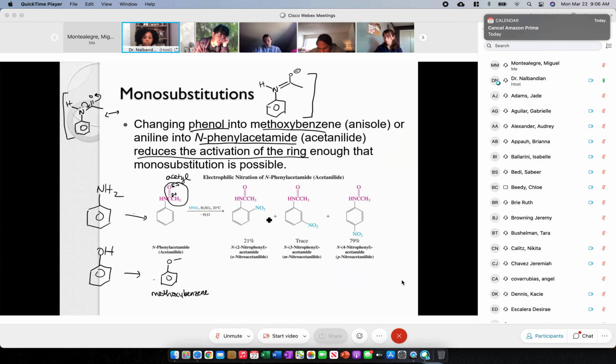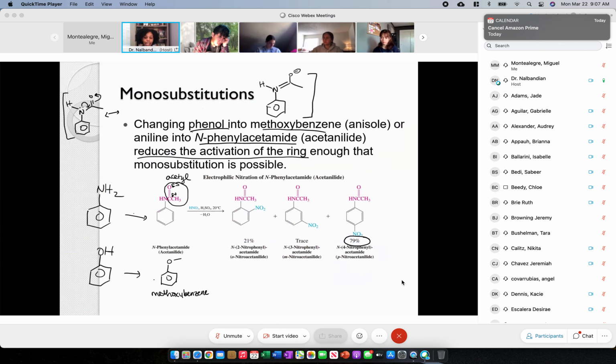Something similar is happening with the methoxybenzene. It's just deactivating it by making it into an ether rather than an alcohol. But it's not like a resonance thing happening there. But anyway, when we do this reaction, notice what we get. Now we get the monosubstituted product. So we can get mostly the para disubstituted products rather than having that nitro group add to both of those ortho positions and the para position.